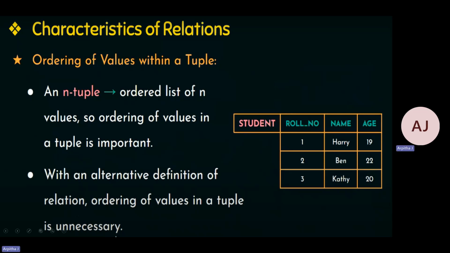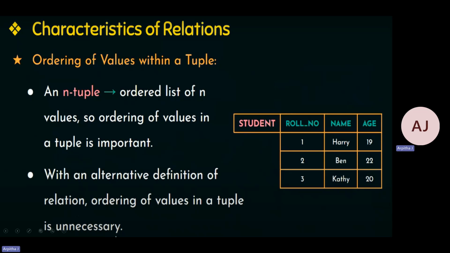Rows. Yes. So whatever data you are trying to put, it should be in some order. If you do not want it in some order, we also have to see what you have to do. So let us see the theory part first. A tuple is an ordered list of n values. So ordering of values in a tuple is important.